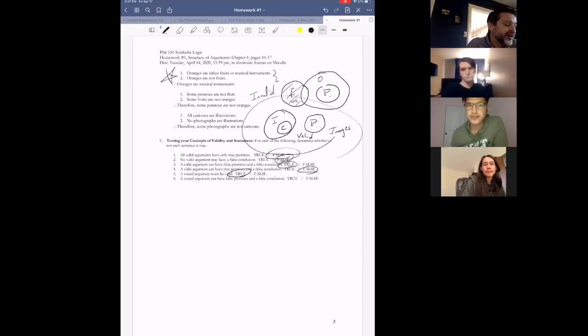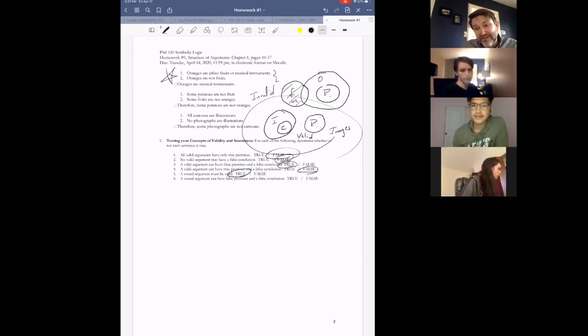A sound argument can have false premises and a false conclusion. True or false? This one is false, because having true premises is a property of soundness. That's the additional property it has over and above validity.